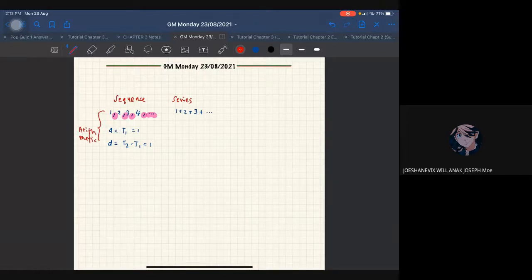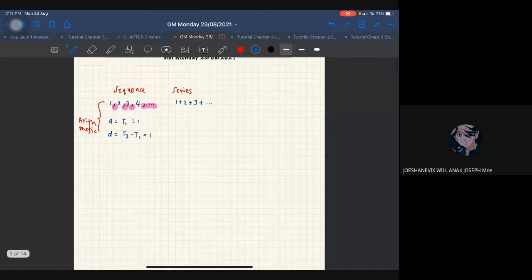Okay, so kalau contohnya kita ada, let's say we have 2 and then we have 4, 8, 16 and so on. Bila kita ada satu sequence ataupun series ataupun progression, first thing yang kita kena kenal pasti is sama ada dia arithmetic ataupun geometric.